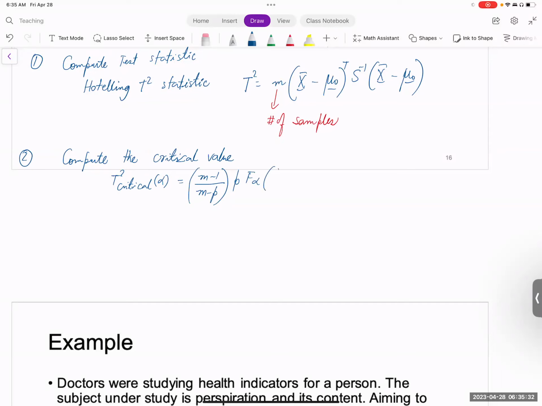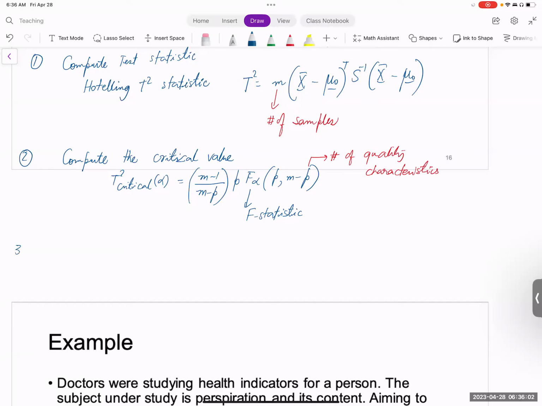This is your f statistic. The numerator degrees of freedom is p. The denominator degrees of freedom is m minus p. And p is the number of quality characteristics, or the dimension of the problem.